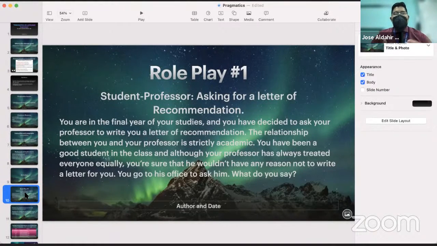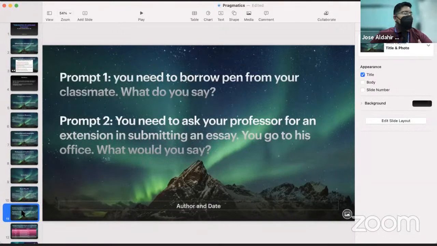There we can listen to their responses, and we will analyze that in the classroom and decide whether the responses are appropriate or not. We can create a couple of prompts also and listen to the responses, like, do you need to borrow a pen from your classmate? What do you say?